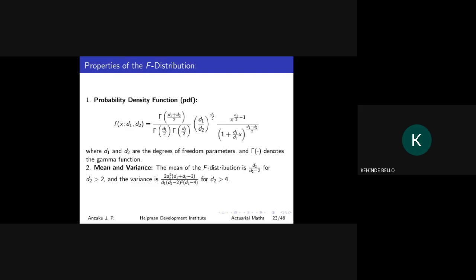I'll check, and in the next class I will explain what it means simply and what it represents. At least for now, we'll just take the gamma as it is.